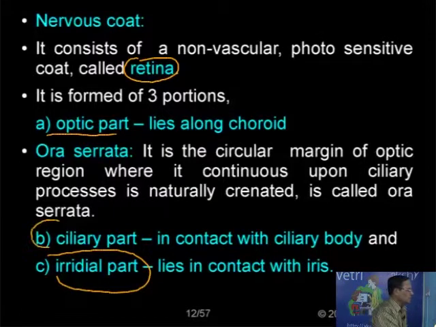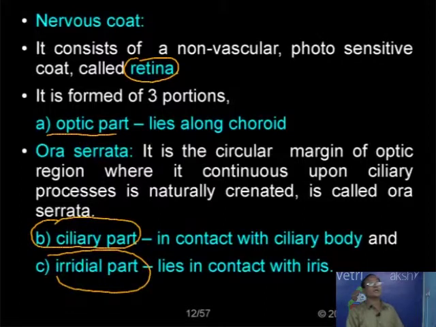And we have the ciliary part, which lies in contact with the ciliary body. So the retinal coat, in major part, is in contact with the sclera; that is called the optic part, because the light will focus on that part. The other parts are the iridial part and the ciliary part, which lies in close contact with the ciliary muscle; that is also a retinal part.